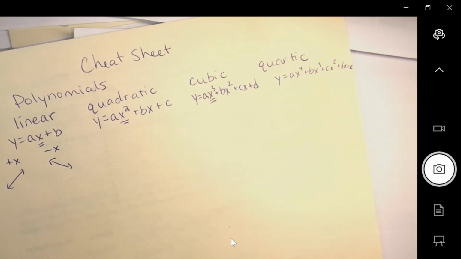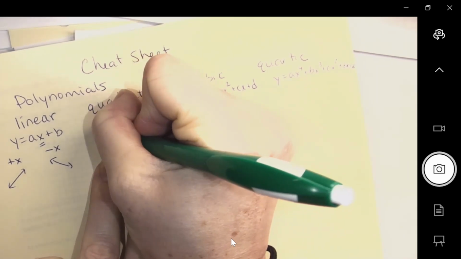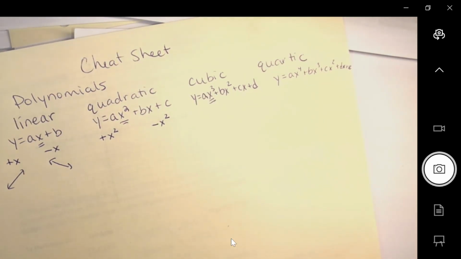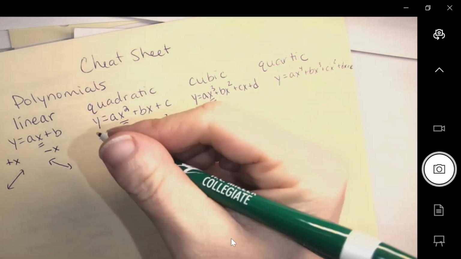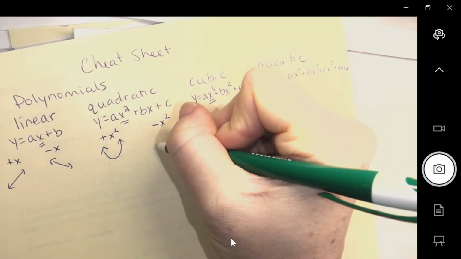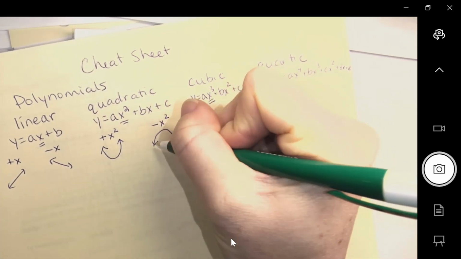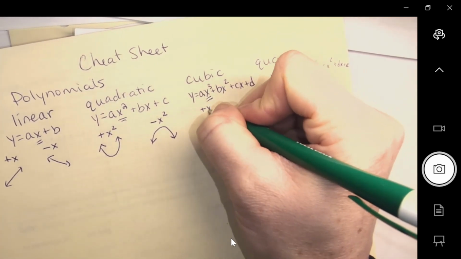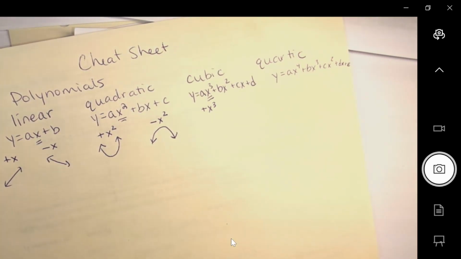Quadratic, what does it look like if it's a plus x squared versus a minus x squared? Do you know the shape? That was a U. Remember that? Flipped down. And then the positive x cubed, what kind of letter? It was a letter of the alphabet. Remember that one?